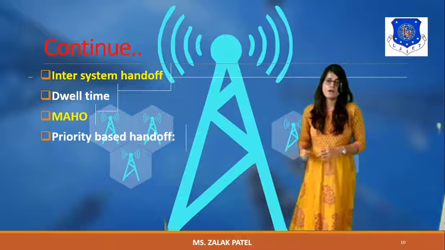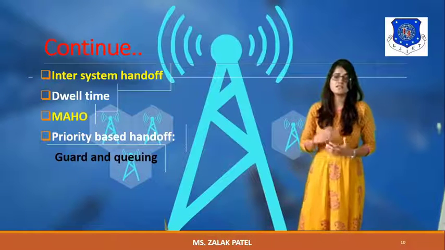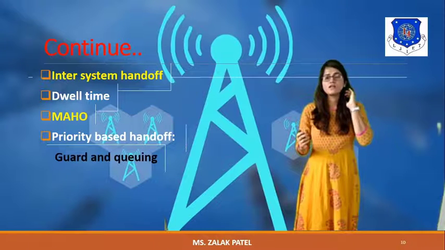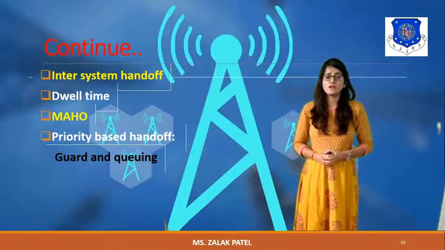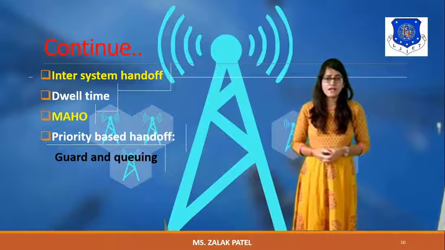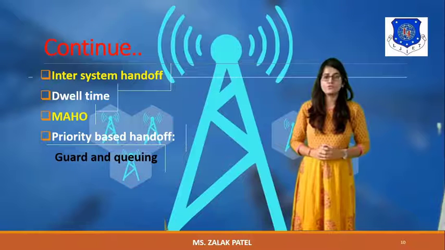In the case of priority based handoff, there are again two types: the guard channel concept and queuing. The guard channel concept is basically similar to fixed channel assignment, where a set of channels is predetermined and associated with a particular set.